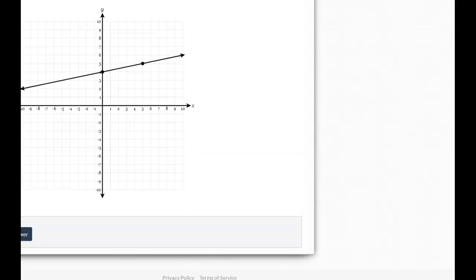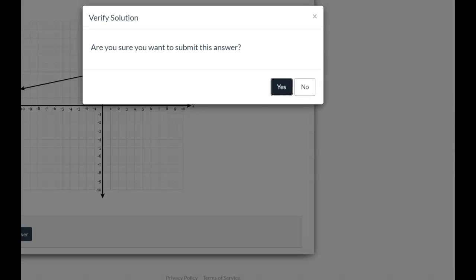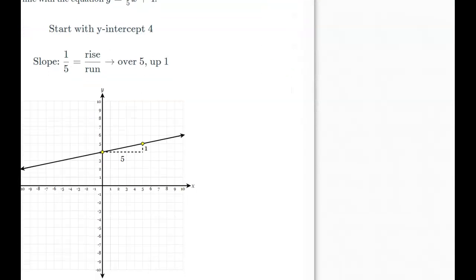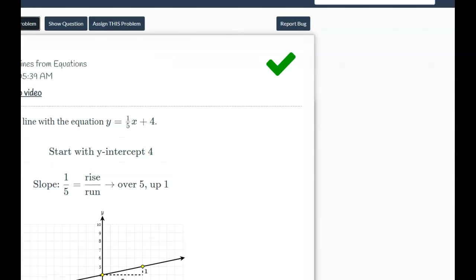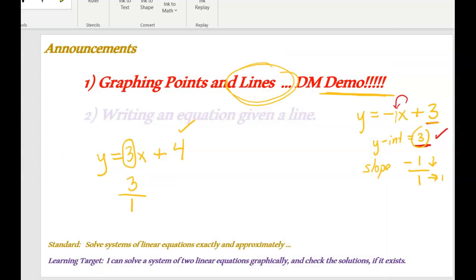Y-intercept of 4. Submit. Yes. Boom. All right, guys. And then, of course, if you're not sure, you can always watch a video. That's the beauty of Delta Math. You can work as many problems as you want. It gives you an explanation. It teaches you. And then you can always watch a video for help. All right. So let's close that out.